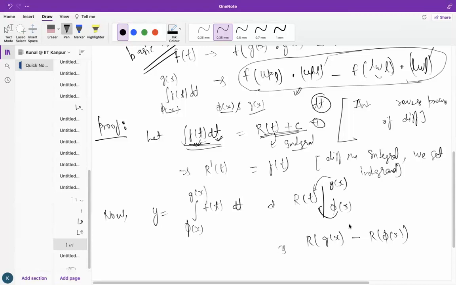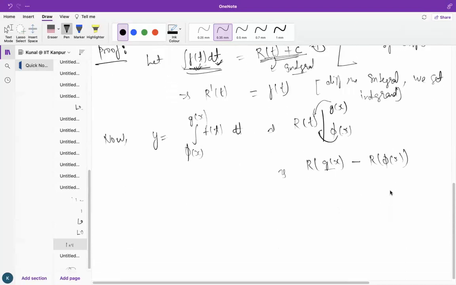Okay, so I'm just substituting the limits phi x and g x here. Now, our y is something like r of g(x) minus r of phi of x, right? We can say this now.